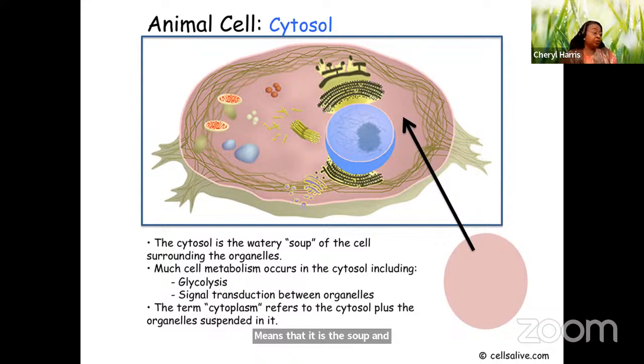That's the only difference. If you're talking about the cytosol, you're just talking about the liquid part. If you're talking about cytoplasm, you're talking about all of the contents within the cytosol. So that's important. All the organelles are floating around, safely buffered within the cell.